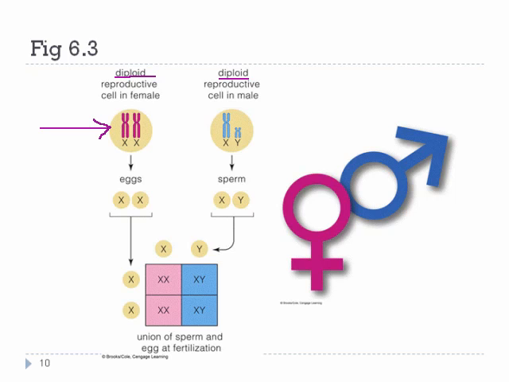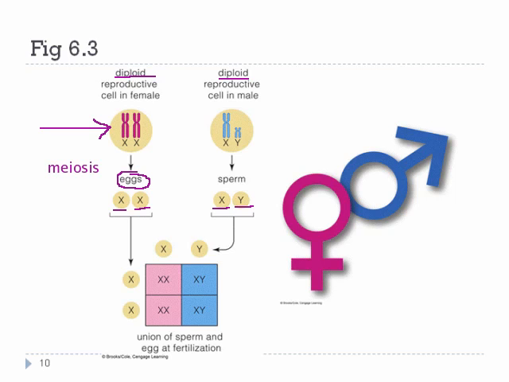This is different from mitosis. This is the way that we make egg and sperm cells. A female will make egg gametes, and they will have an X chromosome in them, either this X chromosome or this X chromosome. Either way, it's an X chromosome. The male can make two different kinds of sperm. The male can make a sperm that has an X chromosome or a sperm that has a Y chromosome.